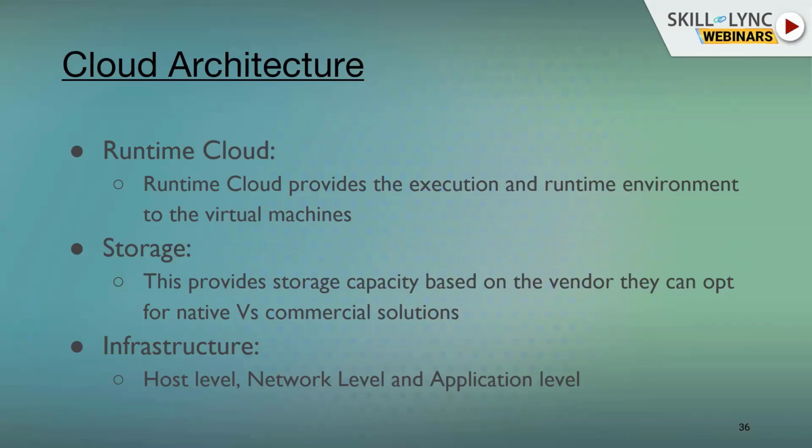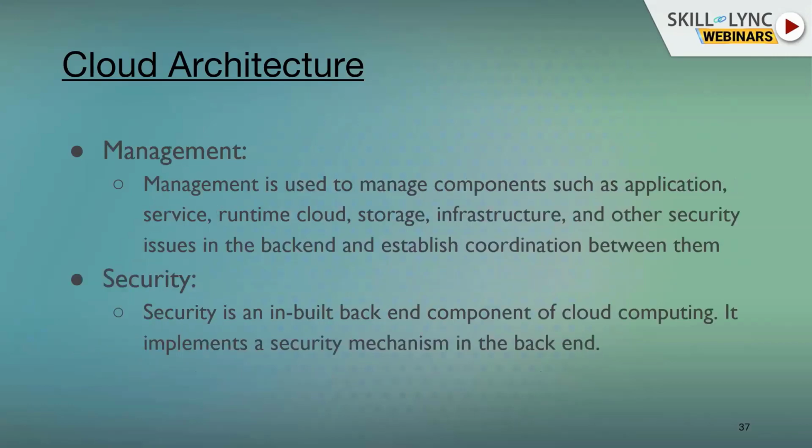So the infrastructure is where, at the host level, network level, and application level, you can apply security and controls. The management side is the application services, the storage infrastructure, everything you can manage from your front end, and all that can be done.